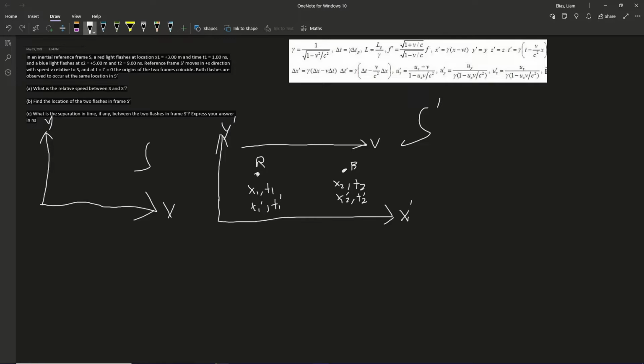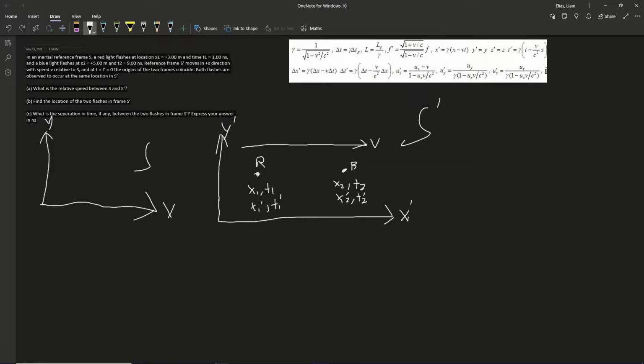So the change in x prime is equal to lambda, the Lorentz factor, times delta x minus v times delta t.